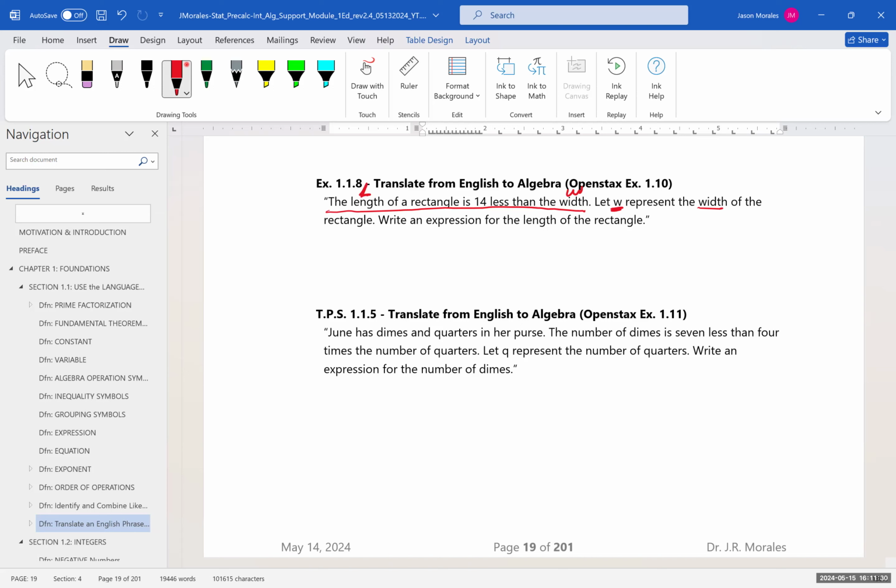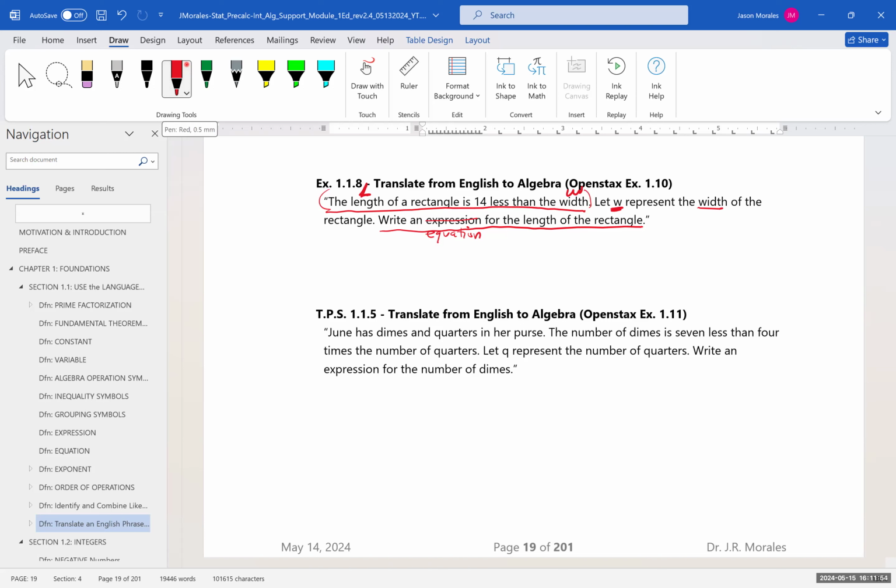And we want to write an expression for the length of the rectangle. Actually, this should have been equation because we're going to have an equal sign in here. So we need to write an equation for the length of the rectangle, and that's going to come out of this first sentence.